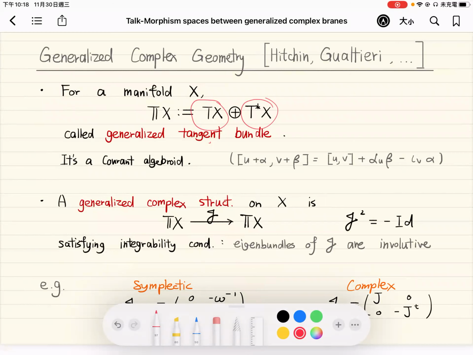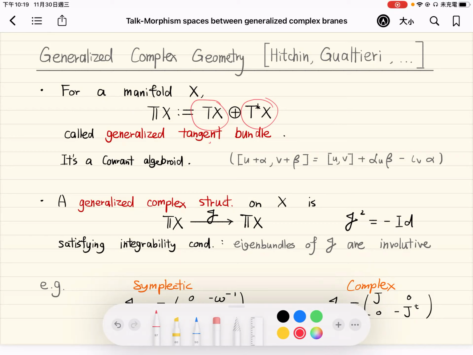Just as for the tangent bundle, where we have a Lie bracket on the vector fields, we also have a bracket on the sections of the generalized tangent bundle. But that is not a Lie bracket. Indeed, we have the Courant brackets, and it forms the Courant algebroid. But I will skip the definition of the Courant algebroid.